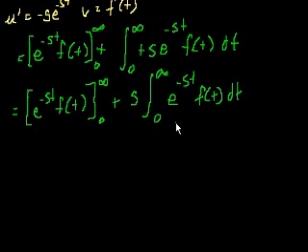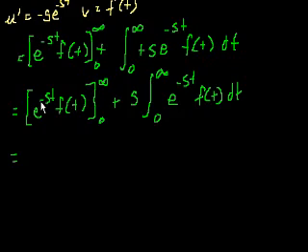And here we see, what is this? This is the Laplace transform of f of t, right? So let's evaluate this part. As we approach infinity, e to the minus infinity approaches 0. F of infinity, now this is an interesting question. I don't know, that could be large, that could be small, it approaches some value.